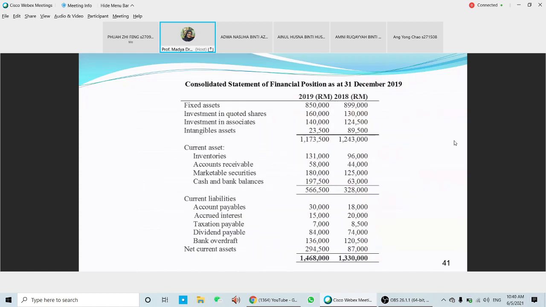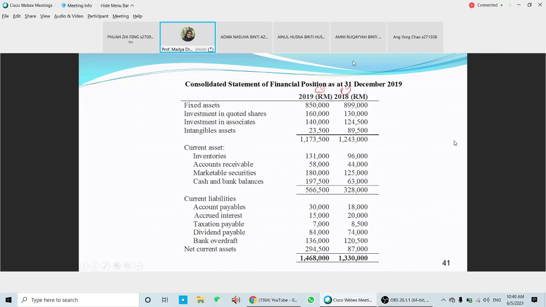Now for the balance sheet, you need to analyze every item that you have in the balance sheet. Okay, the fixed assets. If you look here, there is a change in the value. This is your previous year and this is your current year. There is a difference between the previous year and the current year amount.